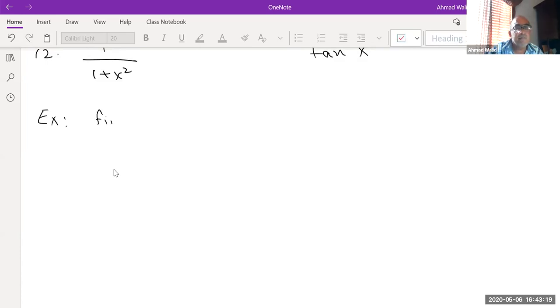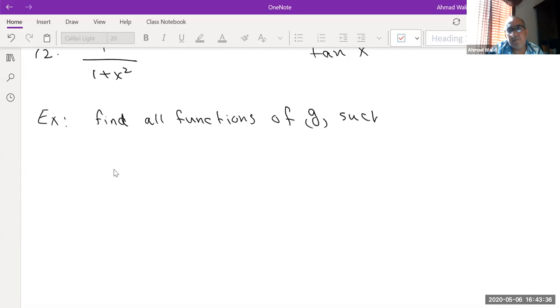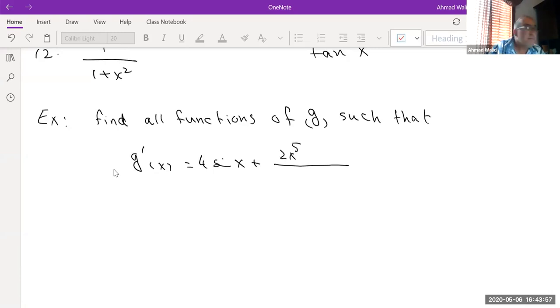Find all functions g such that g prime of x equals 4 sine x plus 2x to the power of 5 minus square root of x, all over x.